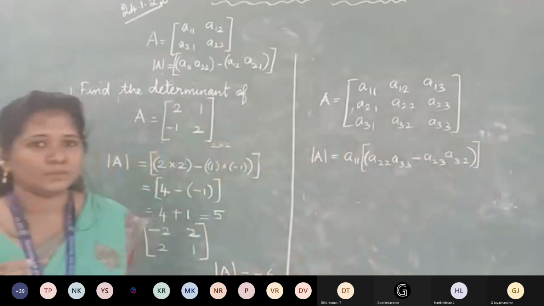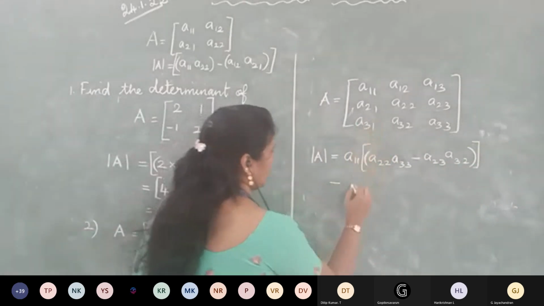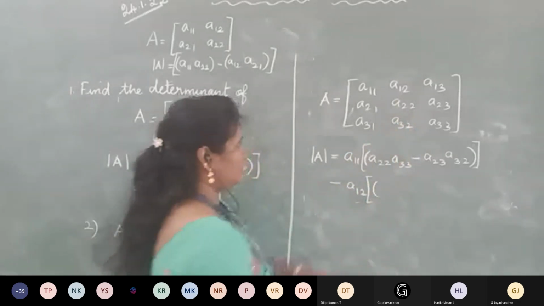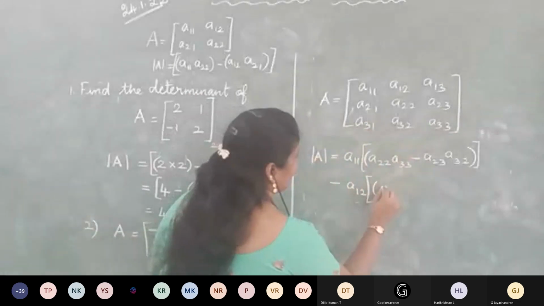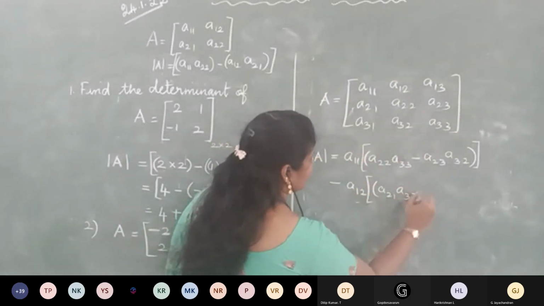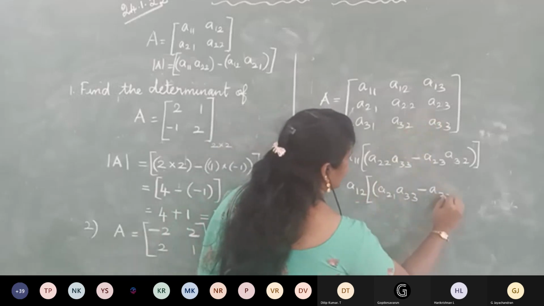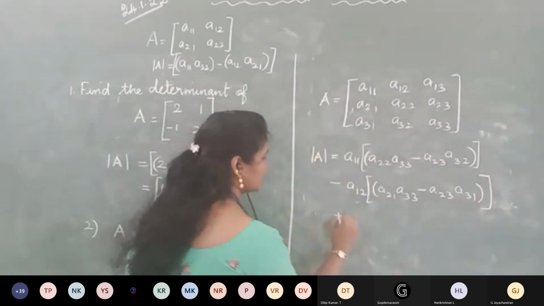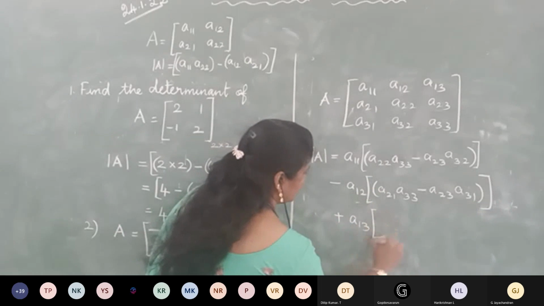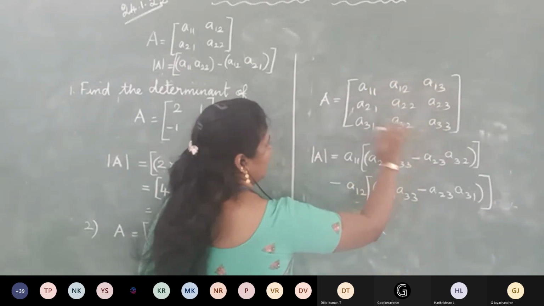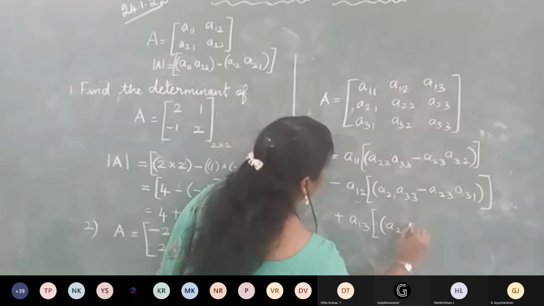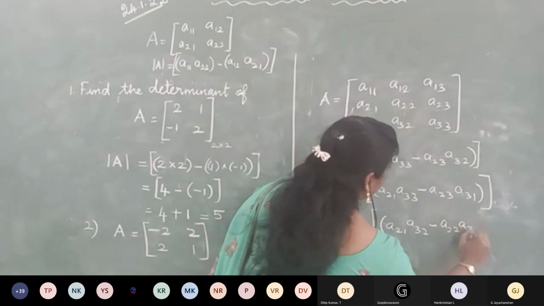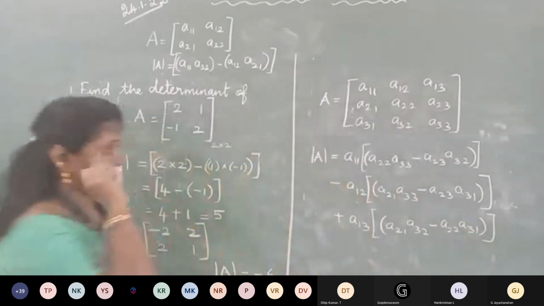Remember, minus A12, you will close its row and column and write A21 A33 minus A23 A31. Plus A13, you close these two, A21 A32 minus A22 A31. This will be the general formula.